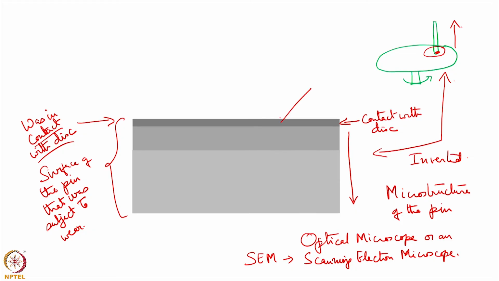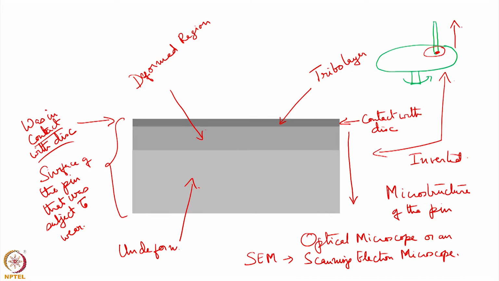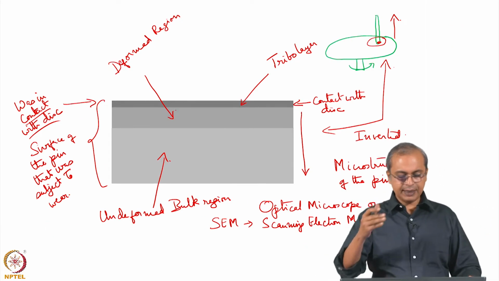The topmost layer is called the tribo layer, and then we have a deformed region, and then we have the undeformed bulk region. So, we have a tribo layer, a deformed region, and an undeformed bulk region.